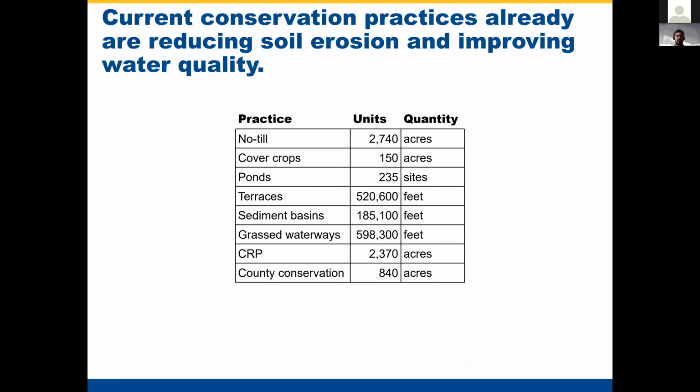And there's also quite a bit of conservation work that's already been done over time in this watershed. So we did an evaluation of the watershed, and there's quite a bit of no-till, not a lot of acres of true cover crops on crop ground, but a lot of structural practices.